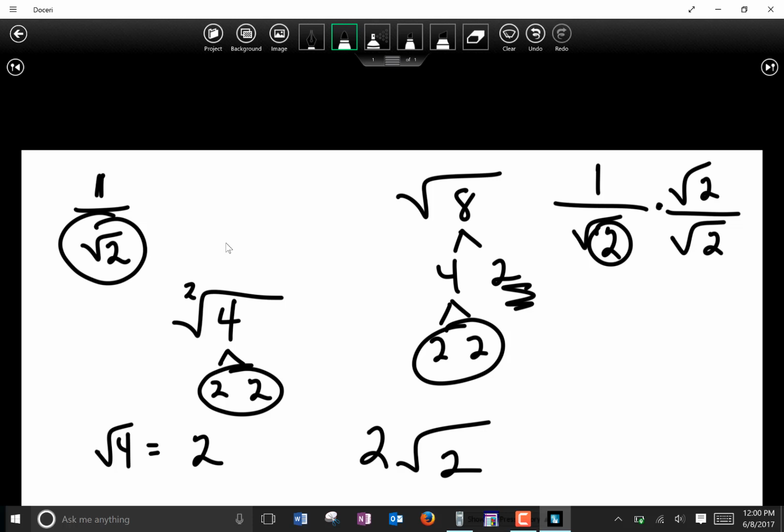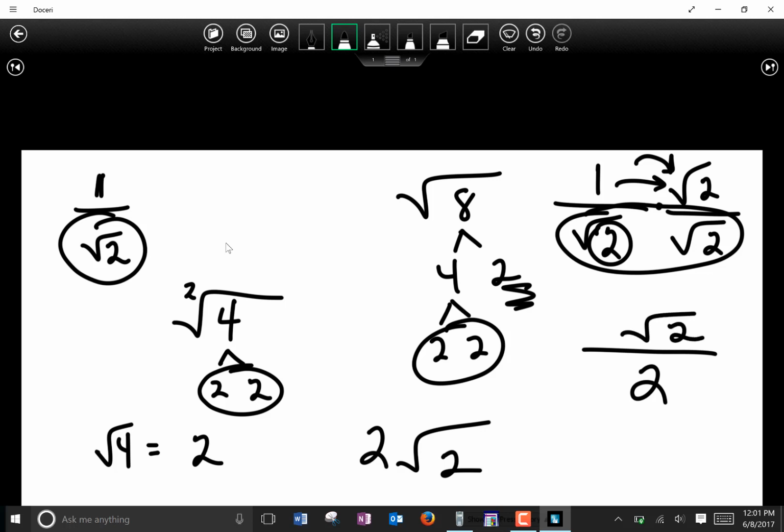And so I can multiply something by a number over itself and not change the value. And then this on the bottom, since there are 2 2's, it actually gets to come out of the radical. And on the top, I'm left with 1 times the square root of 2. So 1 over square root of 2 and square root of 2 over 2 have the same value. This one is just more simplified because we can't have radicals in the denominator.